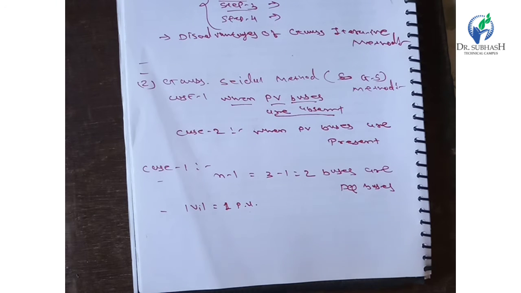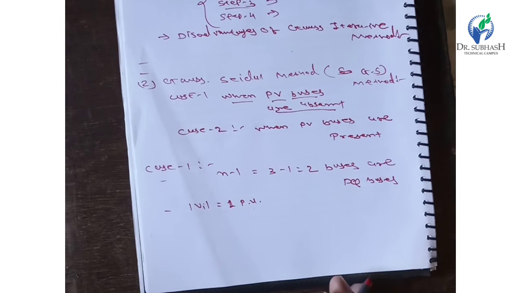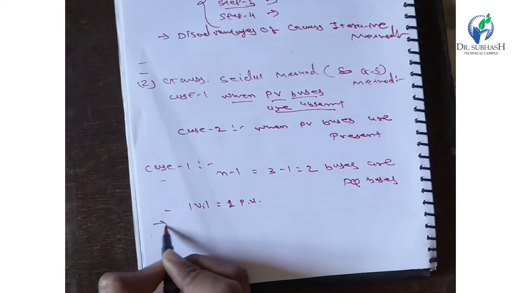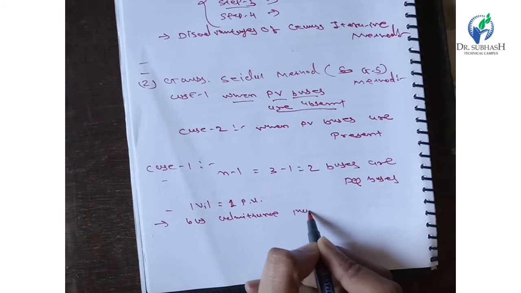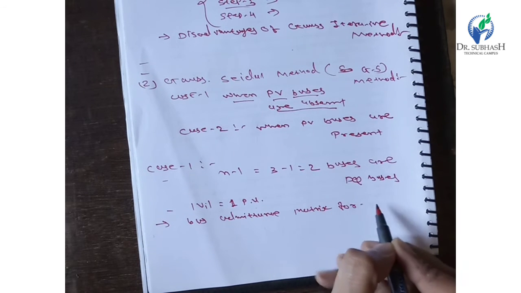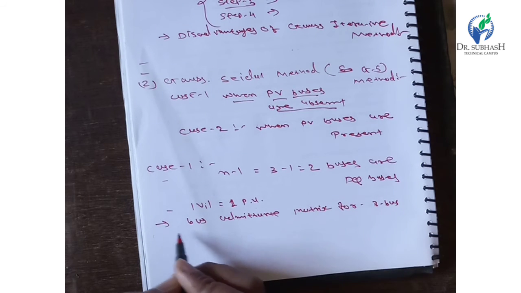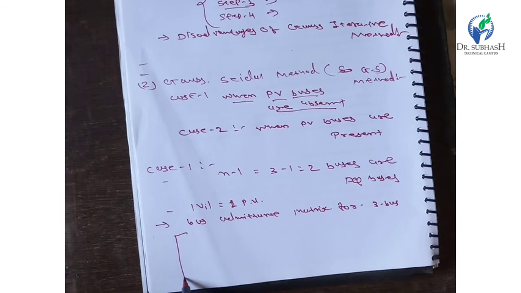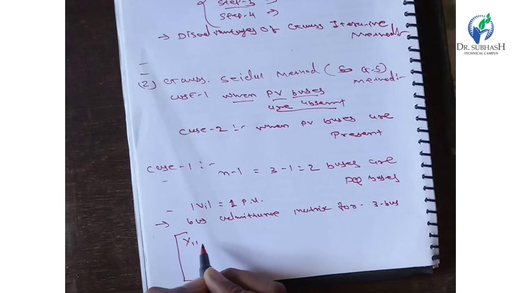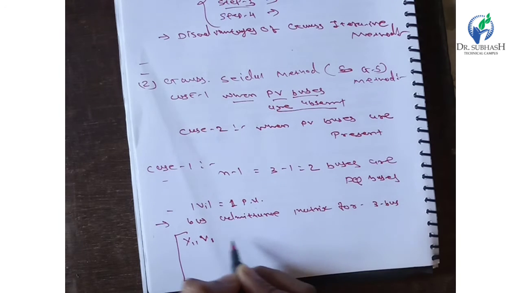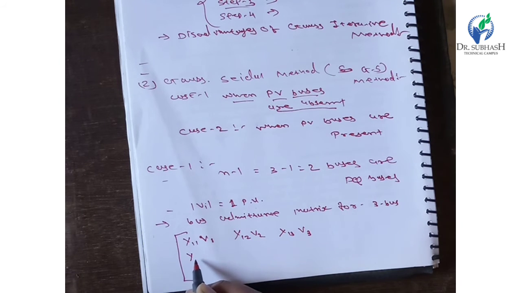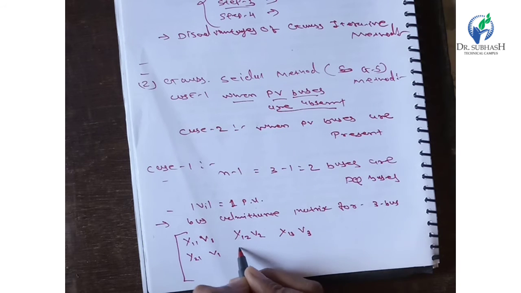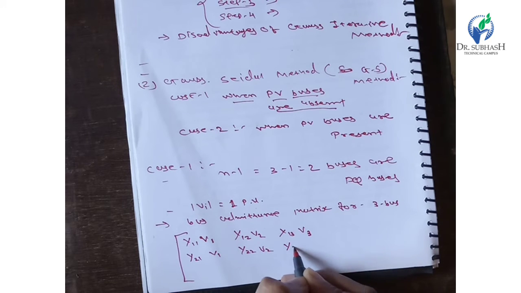The bus admittance matrix for the 3 bus system is: Y11, Y12, Y13 in the first row; Y21, Y22, Y23 in the second row; and Y31, Y32, Y33 in the third row, multiplied by V1, V2 and V3, equal to the bus currents I1, I2 and I3.